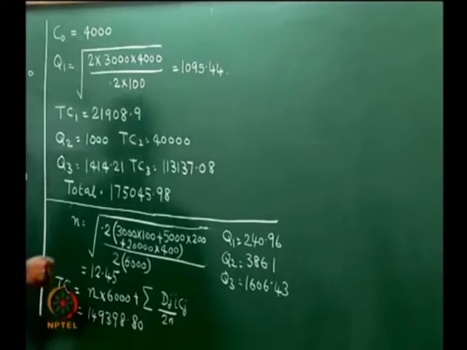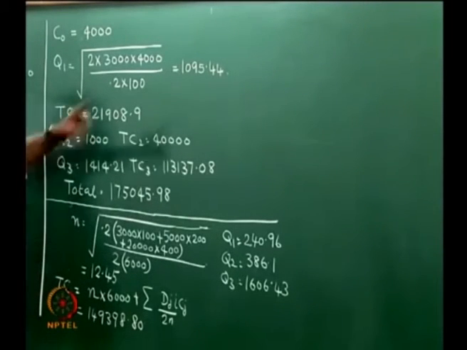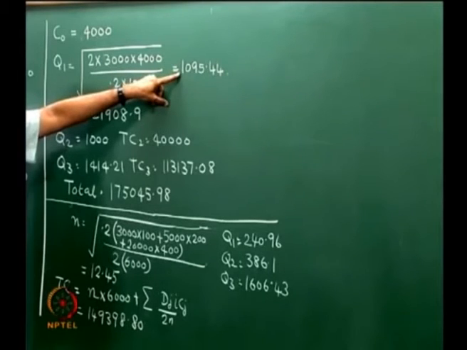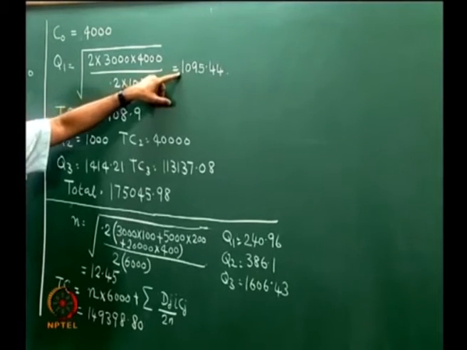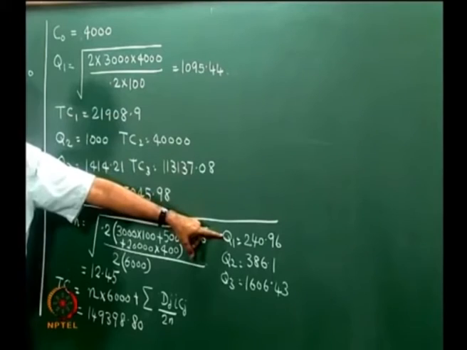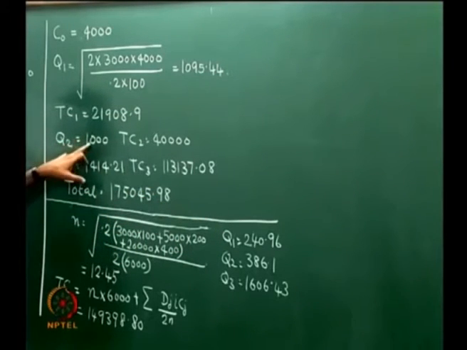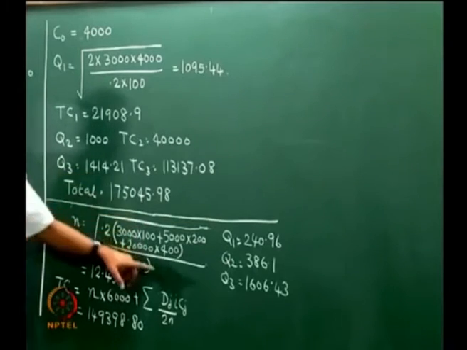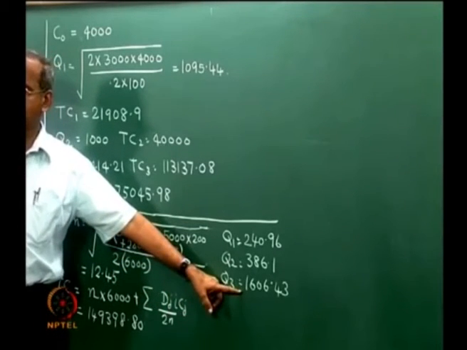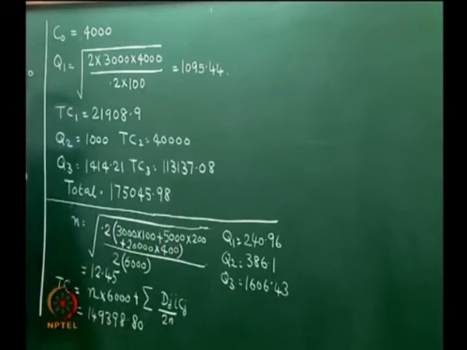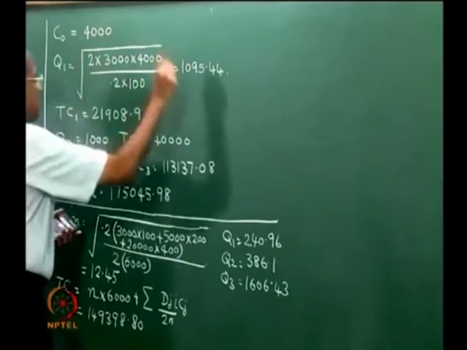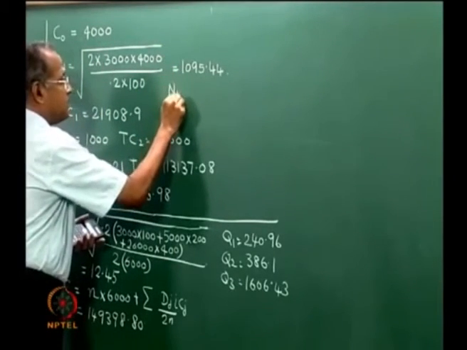Now, if we compare the order quantities in the unconstrained system, this was 1095 and that has come down to 240.96. 1000 has come down to 386.1 and 1414 has actually gone up to 1606. Let us now calculate the number of orders for these values.